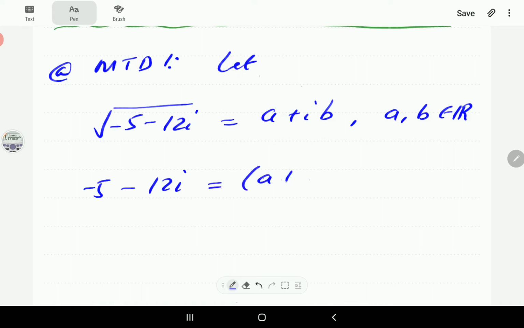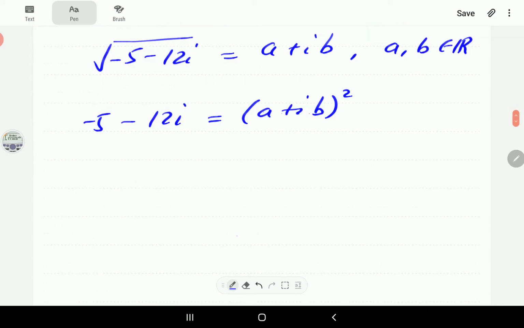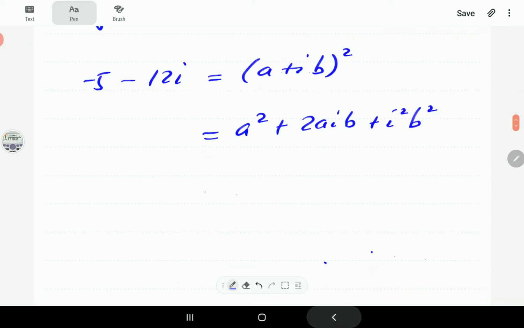On the right hand side we have a plus ib all squared. Expanding, it's a squared plus 2aib, plus i squared b squared. But i squared is negative 1.